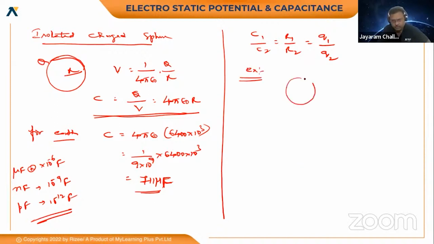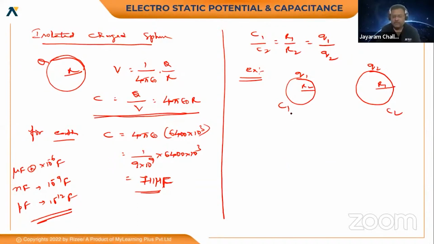Suppose there are two spherical conductors having charges Q1 and Q2, and radii R1 and R2. Their initial capacitances C1 and C2 are not going to change. Initial charges are Q1 and Q2.